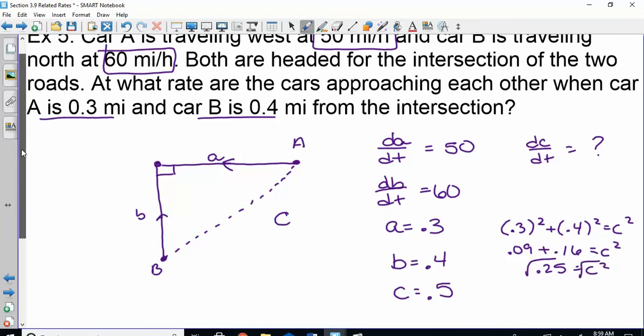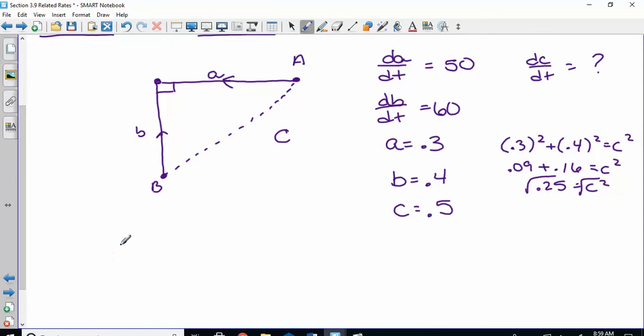Okay. What kind of formula would we use for this? Equation. It's an easy question. I already used it once to find C. So anytime we're dealing with right triangles, it's very likely that you are going to be setting up the Pythagorean theorem.